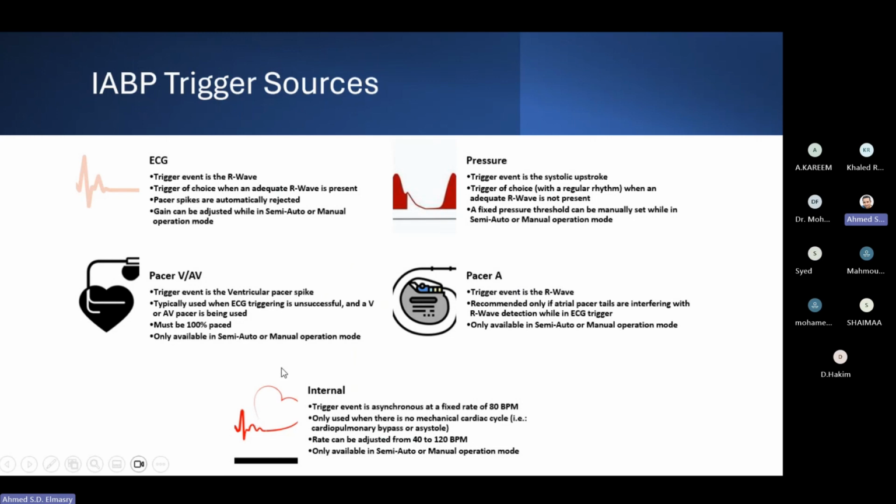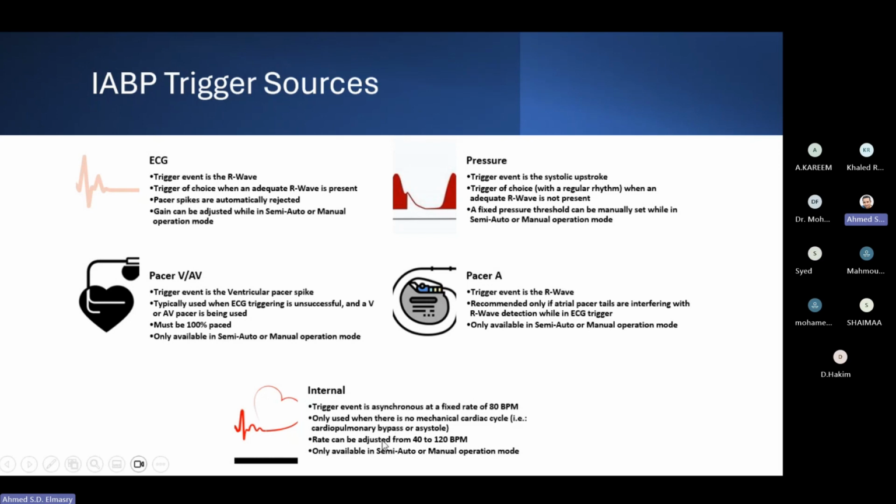The operator can use the internal mode simply in case of asystole, like if you have a cardiac arrest. You can move to the internal mode, and this will give you a fixed heart rate like 80 beats per minute, and the balloon will start the inflation and deflation.